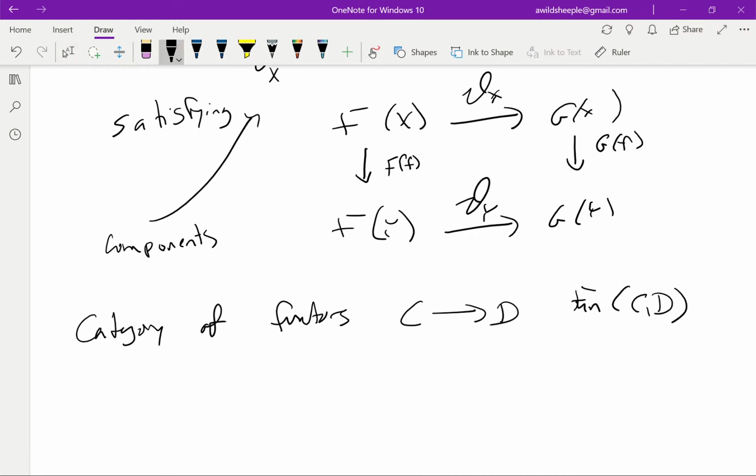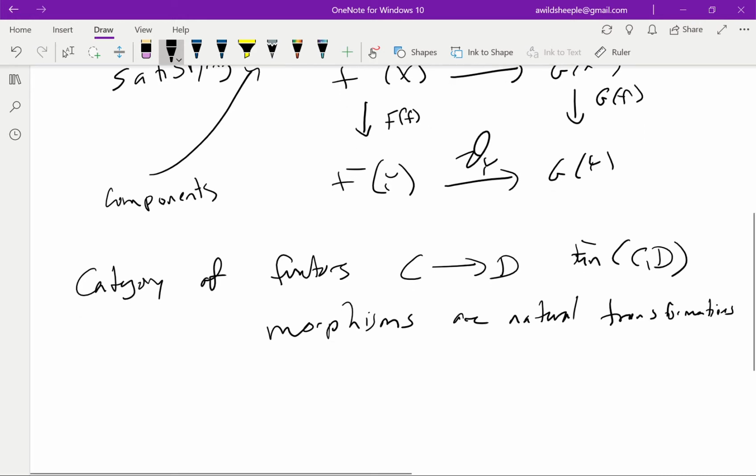And the morphisms in this category are the natural transformations, because those are the morphisms of functors. And when we're interested in all of these natural transformations at once, we might write Nat(F, G) to denote all the natural transformations between any given two functors. This is like Hom in this category.